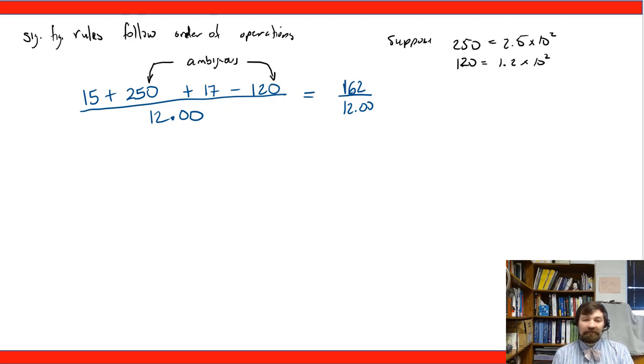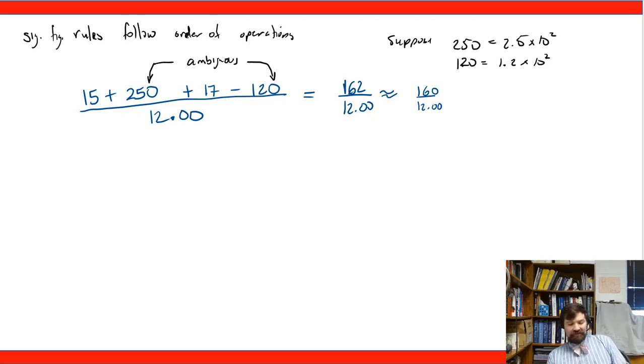Okay, that means that these are not significant zeros. So the nearest digit for these is the tens place. So this number right here becomes approximately 160 over 12.00. In other words, there's two significant figures on the top.